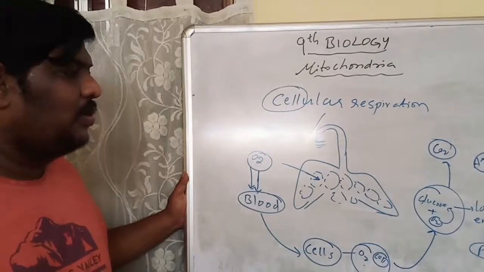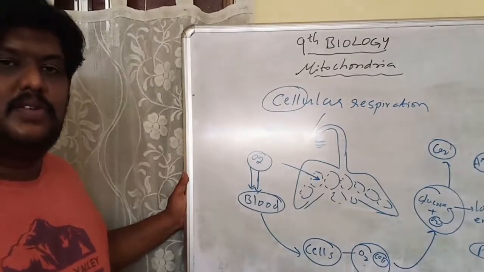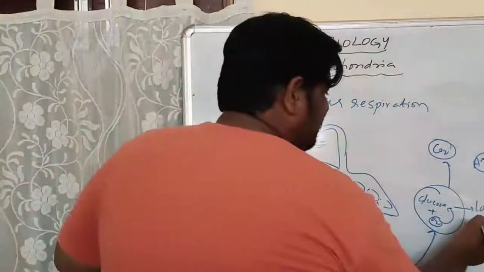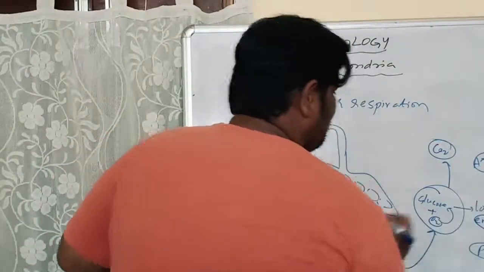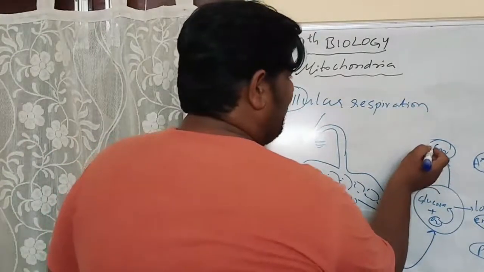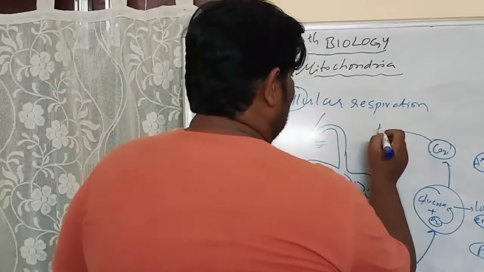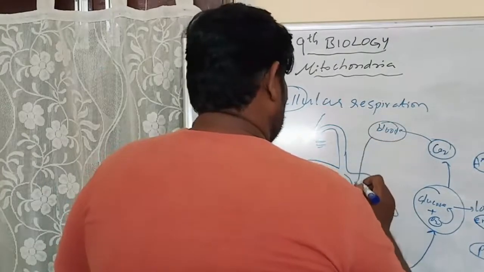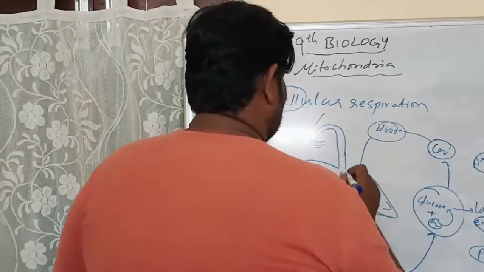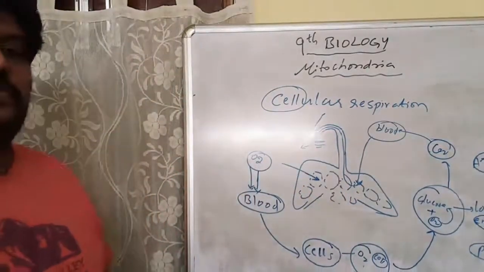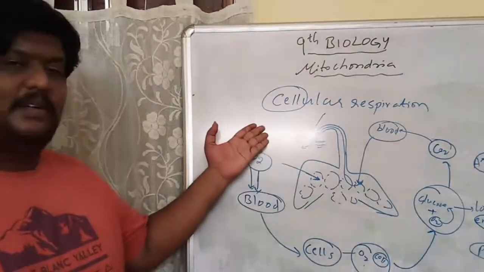What is that molecule called? Adenosine triphosphate. Now this carbon dioxide will come back to the blood, and again it will come back to the lungs, and the lungs will release it outside. This is the process which is actually taking place in the body.